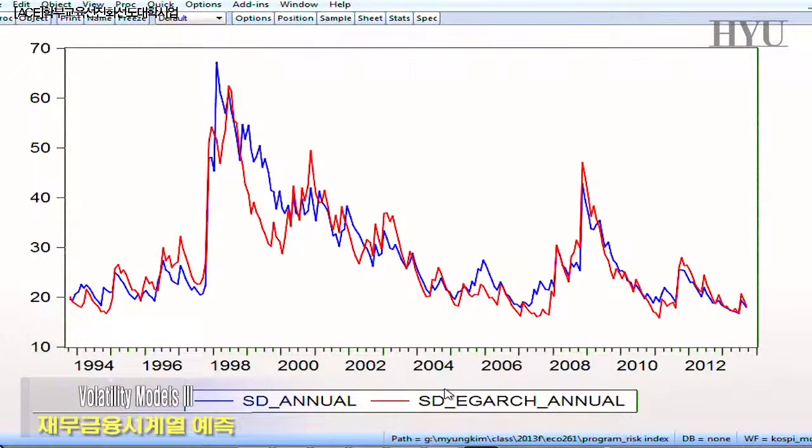If the option expires sometime in the future, like at this point in time, you have to make a guess about what the average volatility is between today and the date of expiration. Here it happened to be very similar, right? So the forecast could be very similar, like this way perhaps.